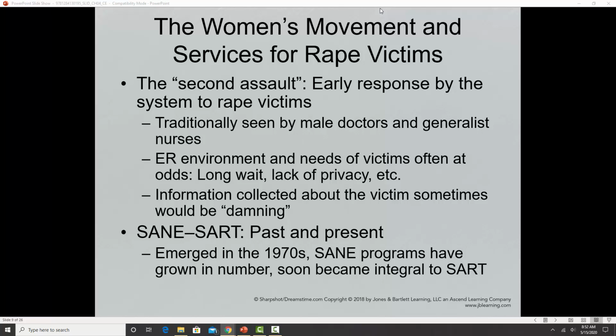It's going to be difficult for a victim in any case, but we're trying to do as little harm.